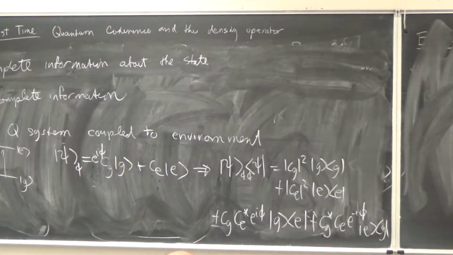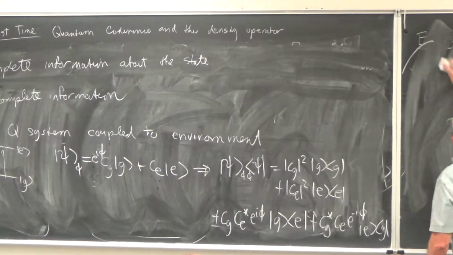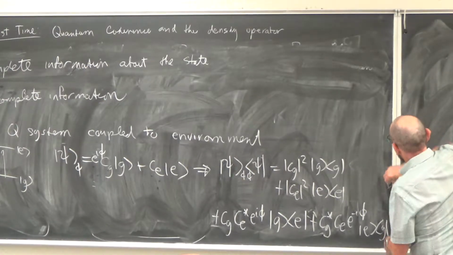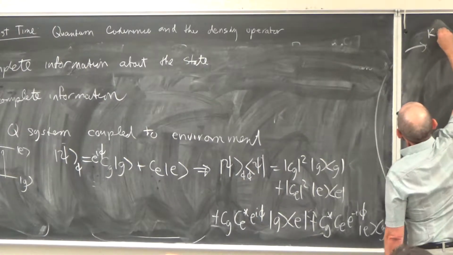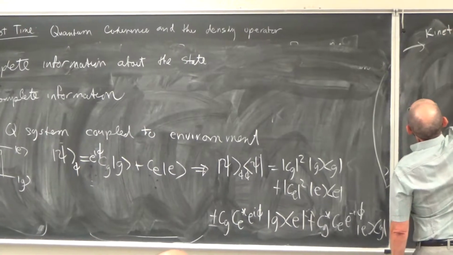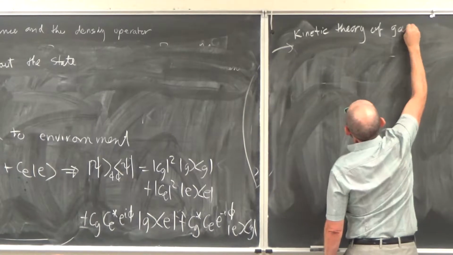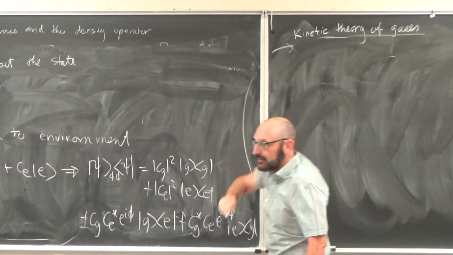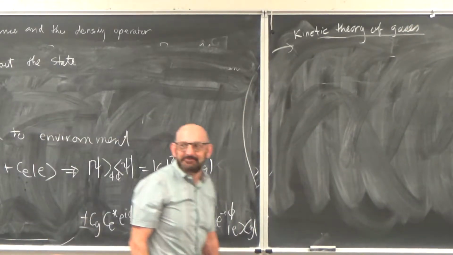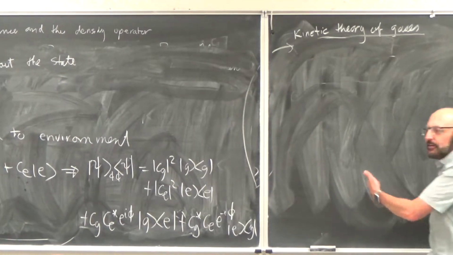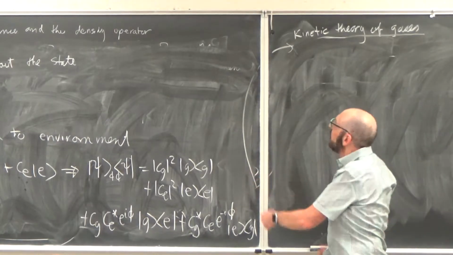Right? So that's that particular pure state. However, if I have some kinetic theory of gases, and God knows you probably never have to think about that in this course, but it's still physics, then we move on to do some appropriate averaging.